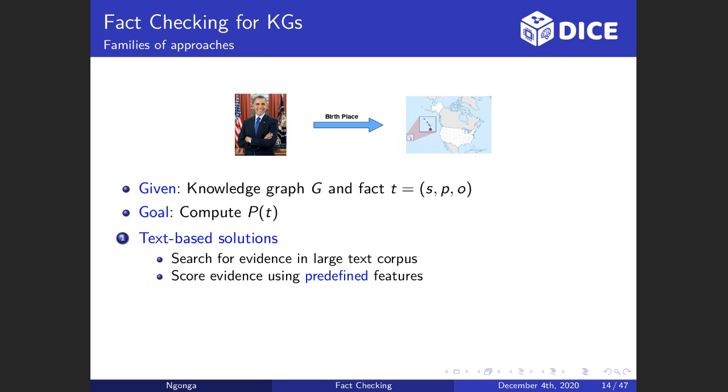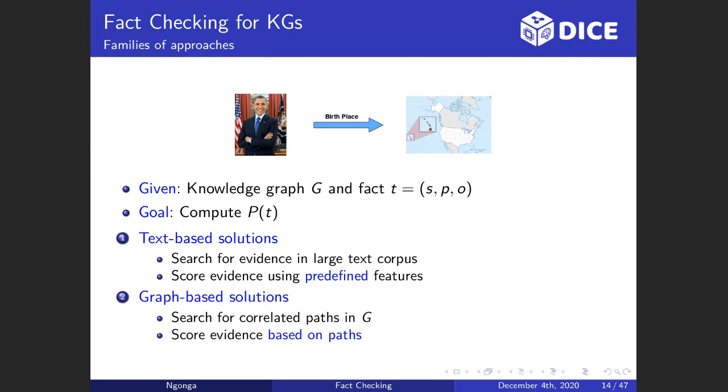So there are two main families of solutions to address this problem. One are the text-based solutions, and the way they work is as follows. They take the fact T, and they try to search for evidence for this fact in large text corpora.